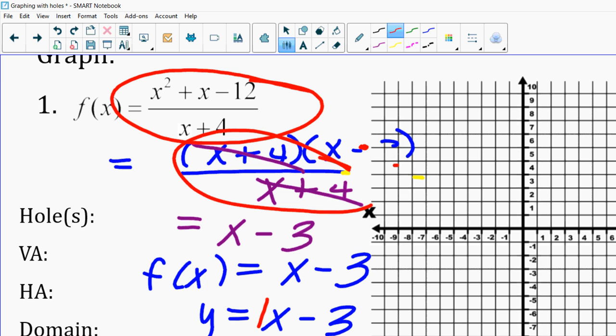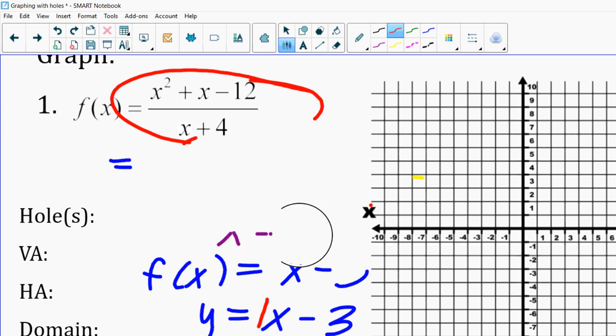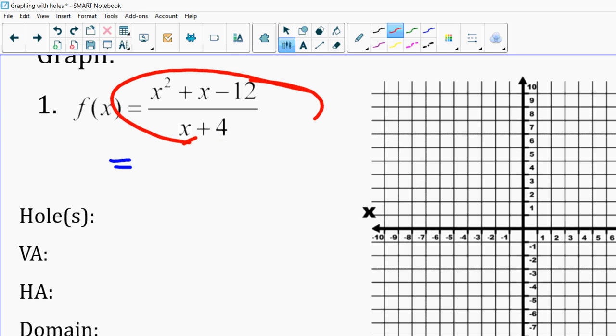Go to table, which should be second graph. Now, find out where you have an error. You have an error at x equal -4. Why do you think you have an error at x equal -4?